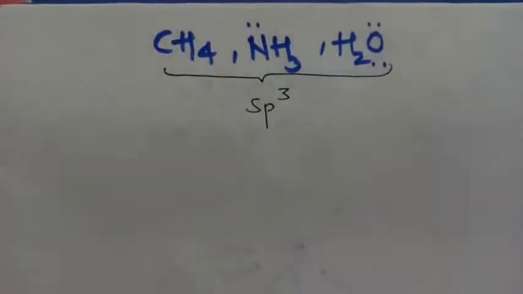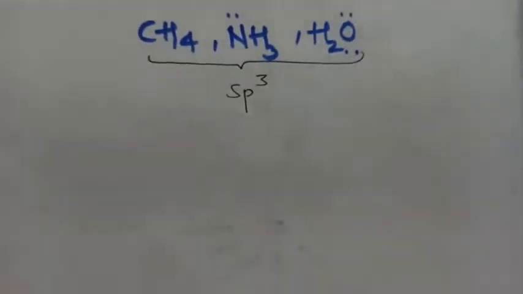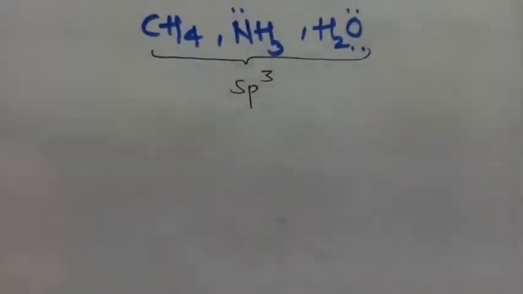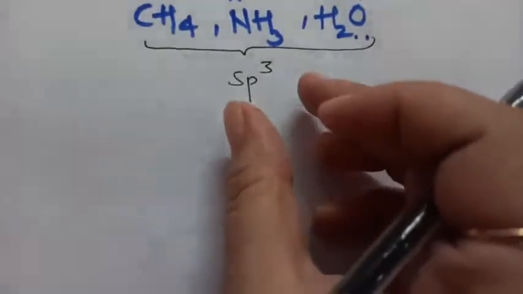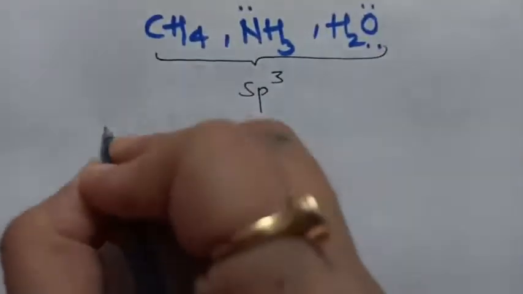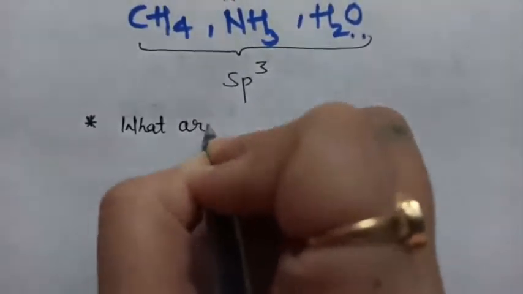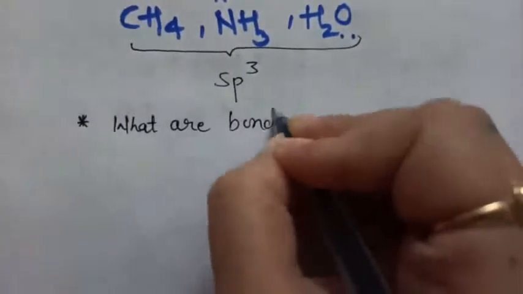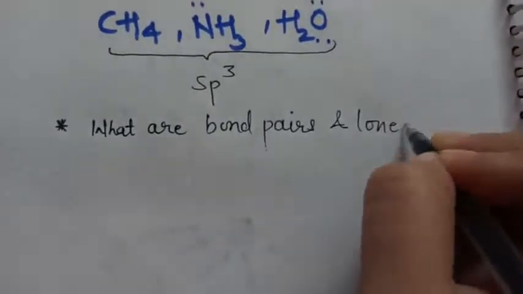Now I will show you how the hybridization takes place, and by doing it I'll compare these three molecules, how they are similar with respect to the hybridization, that is sp3, and how they are different. Along with understanding their hybridization geometry, we will discuss one more thing: what are bond pairs and lone pairs?